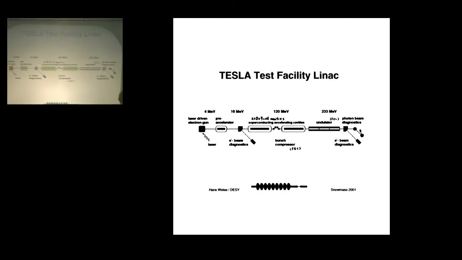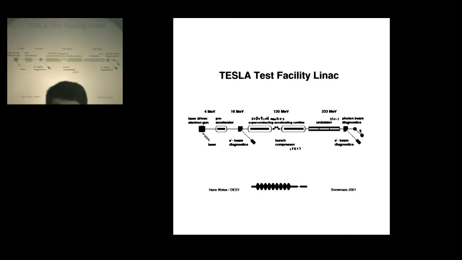The direction is opposite from the previous figure, but here is the electron source, and basically this consists of two modules of superconducting cavities, and each module has eight 9-cell superconducting cavities. And there are an undulator and bunch compressor for FEL test. And this region is diagnostics.